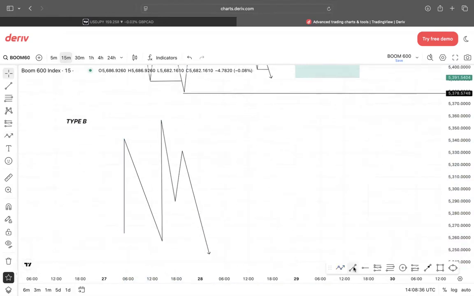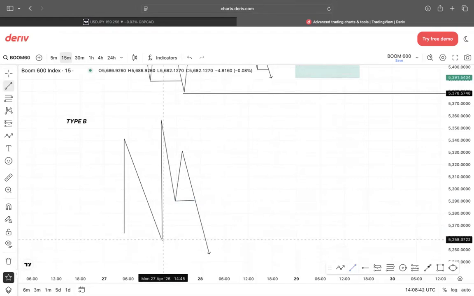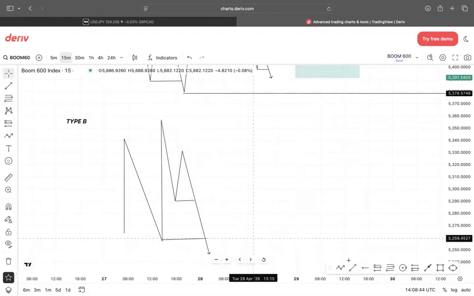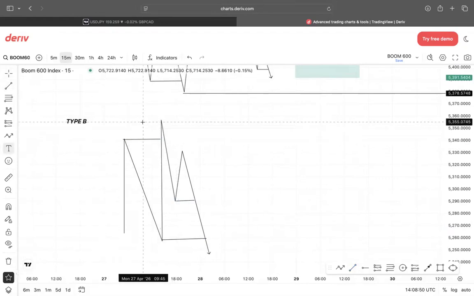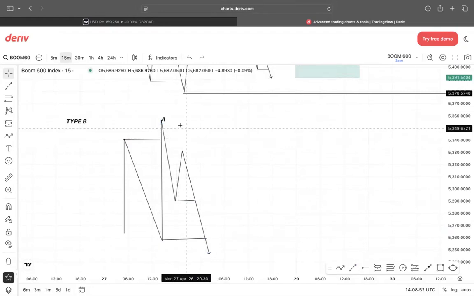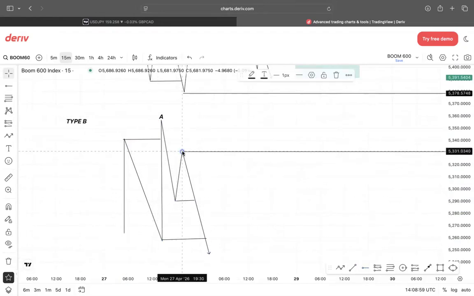So we have our first break of structure as an inner break of structure before the full swing break of structure. So we have our sweep of liquidity first, which gives us point A. And then structural liquidity forms first, break structure, and then break the other structure.